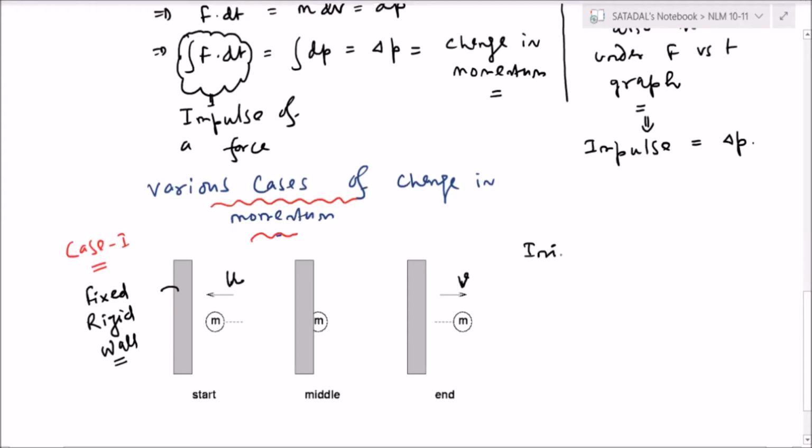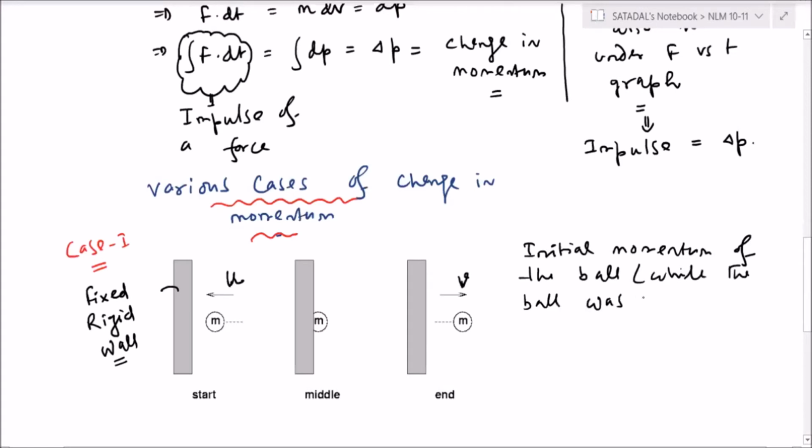Initial momentum of the ball. What do we call initial momentum of the ball? While the ball was approaching the wall, right?